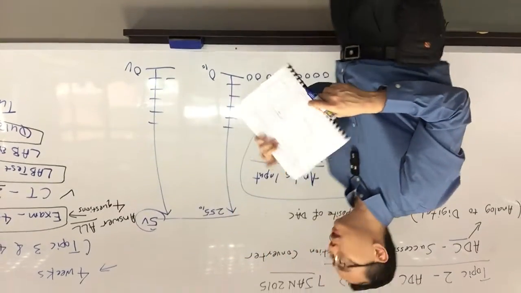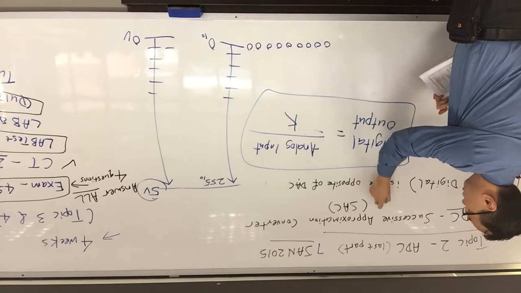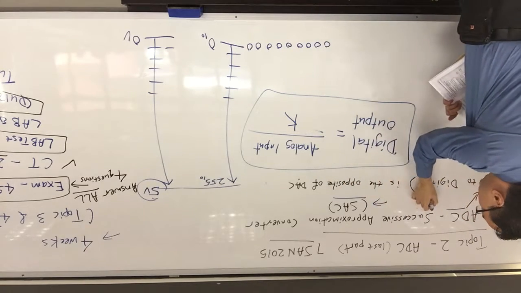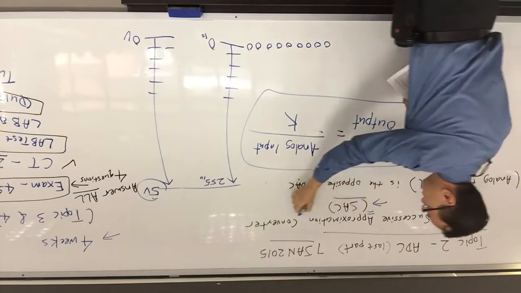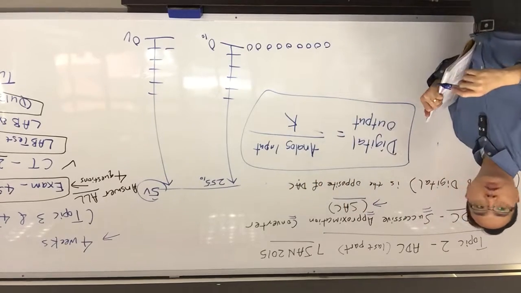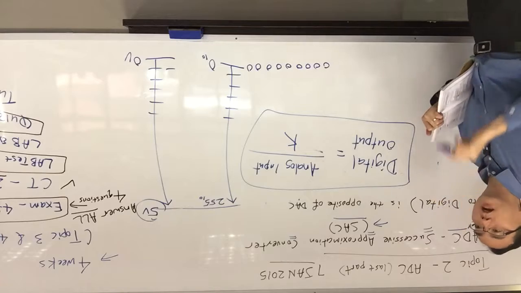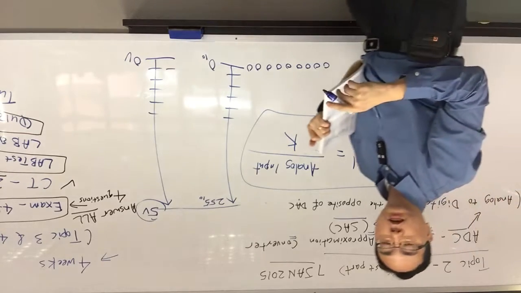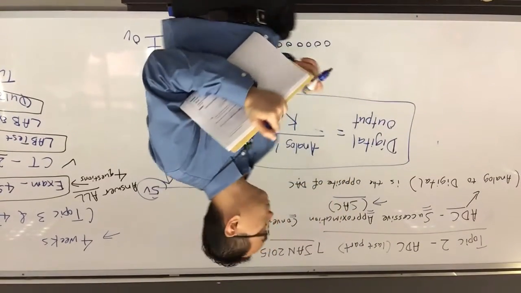It's a name for one type of ADC, called SAC, successive approximation converter. So we will just illustrate this particular ADC.